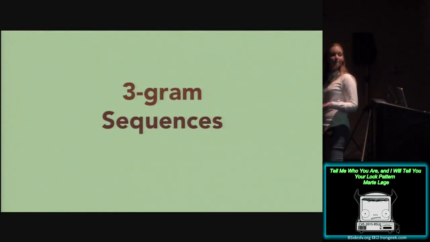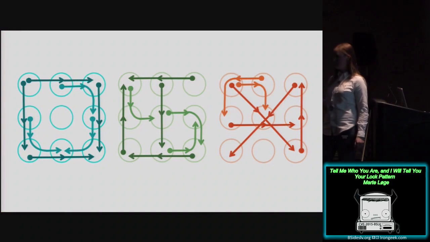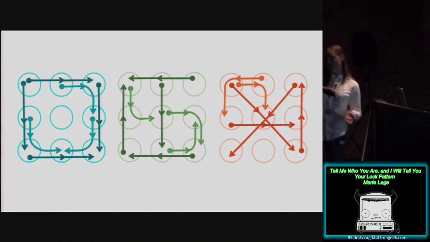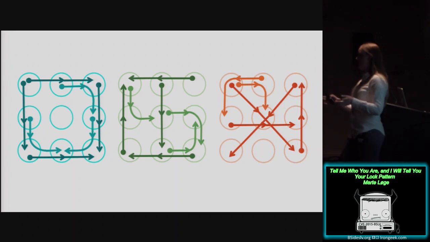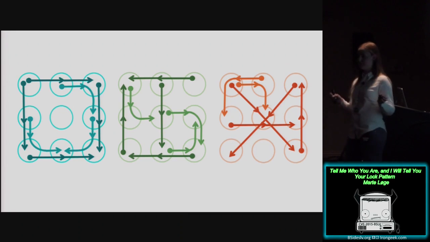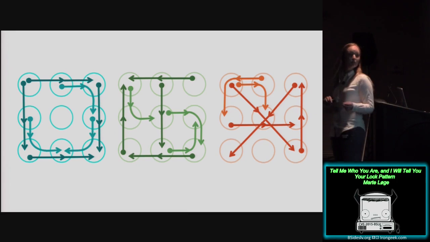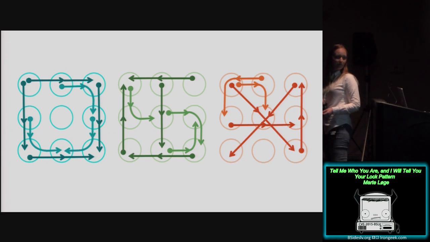That's pretty cool. To continue with that, I looked at trigrams. That's a set of three nodes that are connected, so we can track the behavior of how the patterns are actually created. These are the trigrams that are most commonly used. As I said, people start in the left corner.